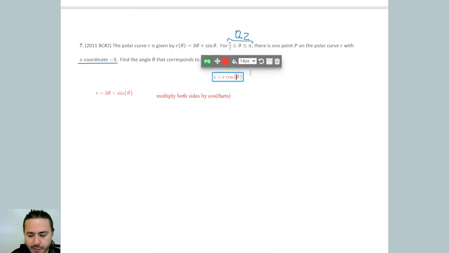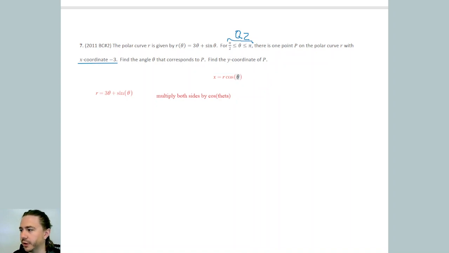I wonder if I could just copy that and paste it. Is it going to like that? I think I've tried that before and it didn't work.